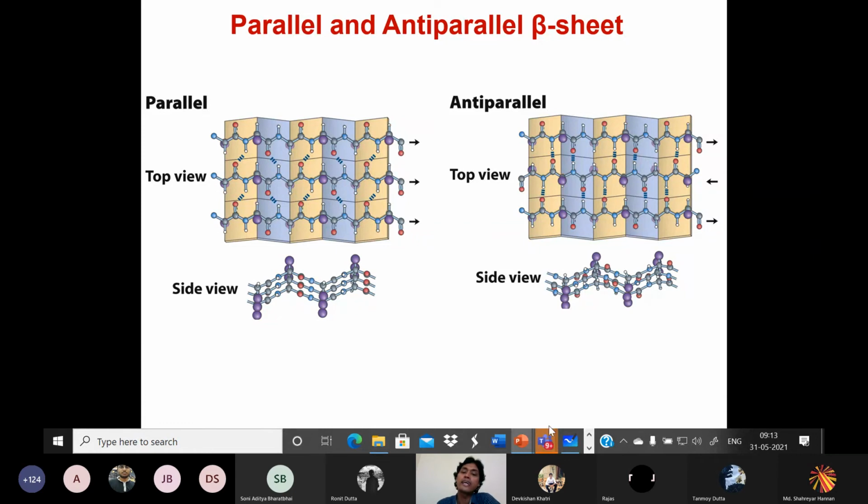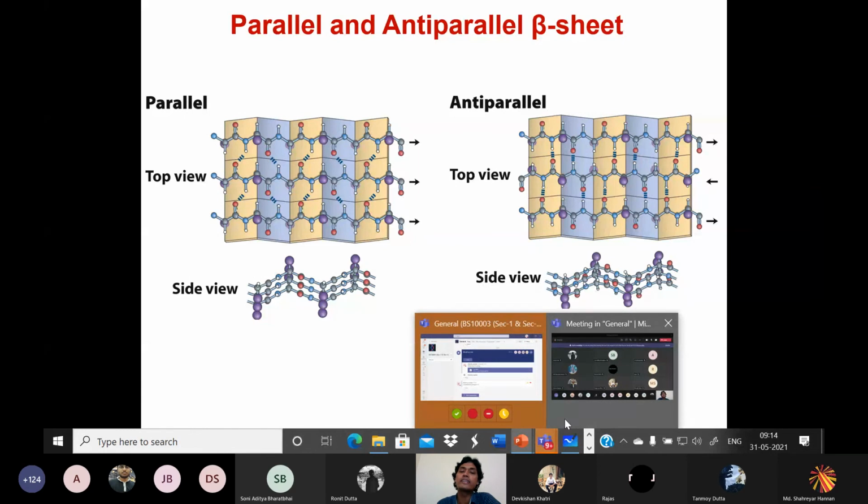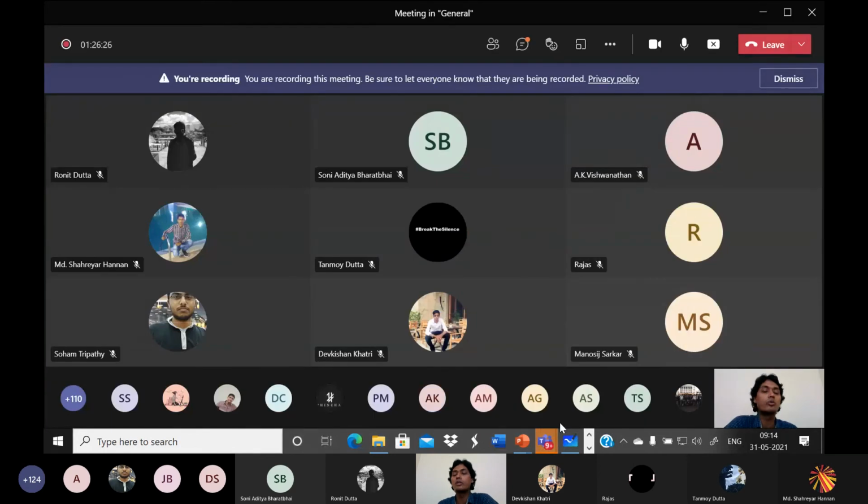I know that none of you read about this. Without searching Google, based on whatever we discussed together now, can some of you try to answer what could be parallel and anti-parallel beta sheet? Please don't use Google. Just try to think and answer.